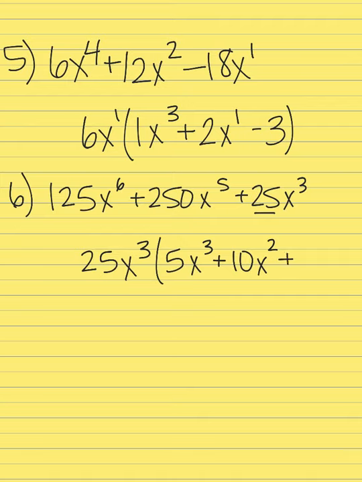And we want to keep this the same, so 25x to the third times 1 would give me 25x to the third. So our greatest common factor would be 25x to the third, and what's inside parentheses is what's coming next week.